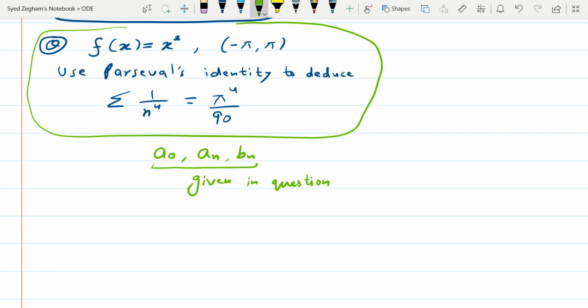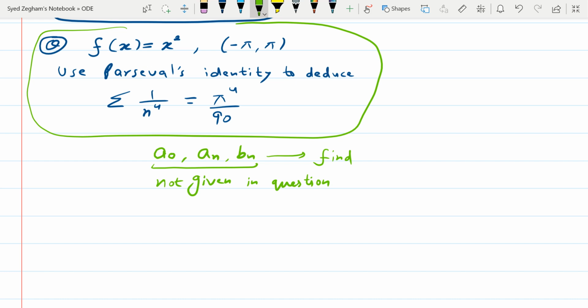In some books, same question may appear in a different form. What will be that? That these three values a naught, an and bn are not given in the question. Then what you have to do, you have to find these three values, right? So different types of questions are there, but you know how to tackle all of those types. If the values are given, we will directly substitute in Parseval's identity.